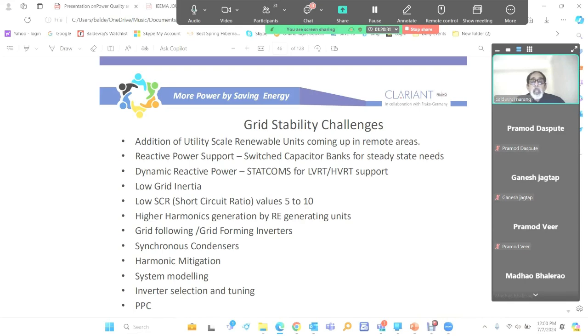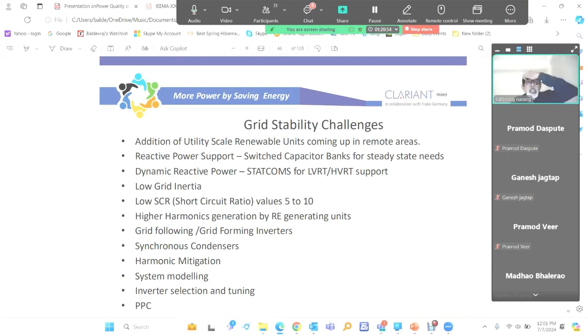And this alone was also not sufficient, because even if we have a STATCOM, if we don't improve the inertia and don't take care of the short circuit values, we cannot clear the fault in time. If we have good inertia and are able to clear the fault in time, maybe we can manage with STATCOM.